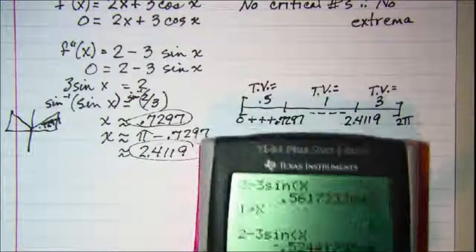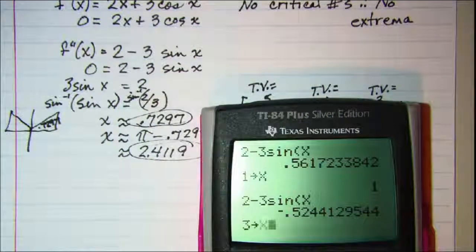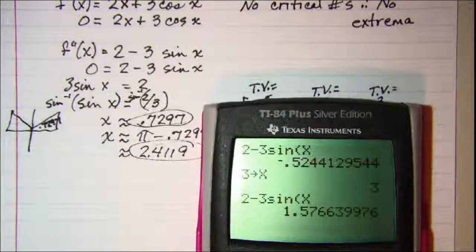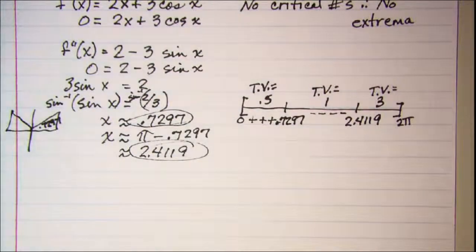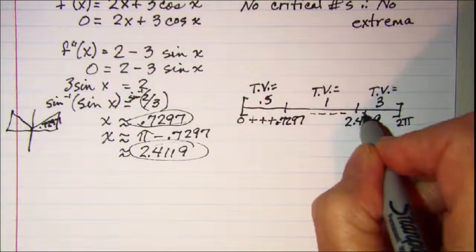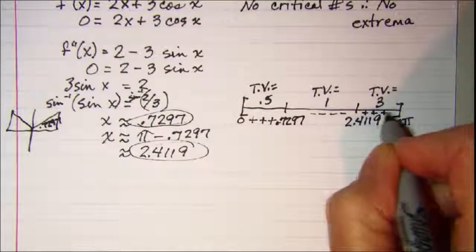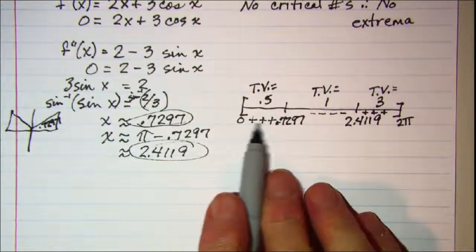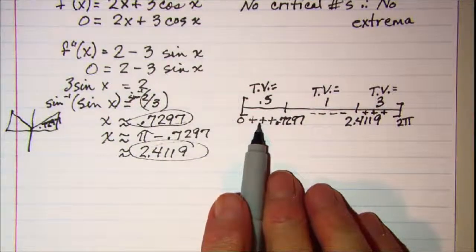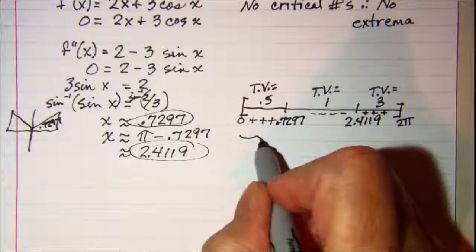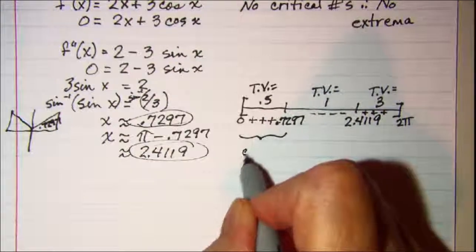And then if we store 3, we get a positive 1.5766. Okay, so when the second derivative is positive, in this interval we have concave up.